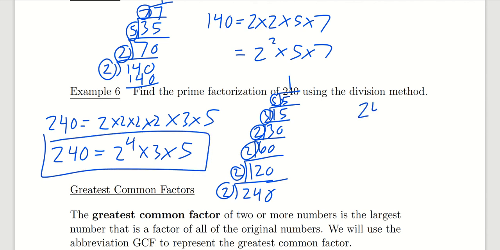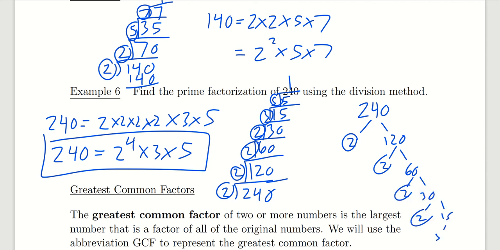Again, notice you'll get the exact same answer if you do the factor tree. 2 and 120, that's prime, so circle it. 2 and 60, circle the 2. 2 and 30, circle it. 2 and 15, circle it. And then we get our 3 and 5. So again, prime factorization has to be unique. No matter which way you do it, you should come up with 4 2s, 1 3, and 1 5.